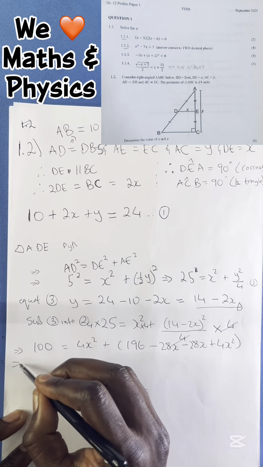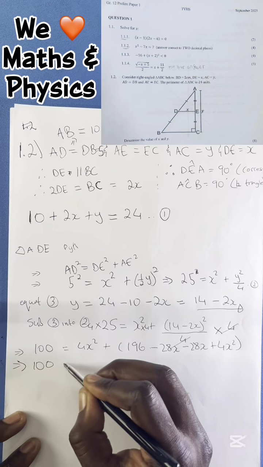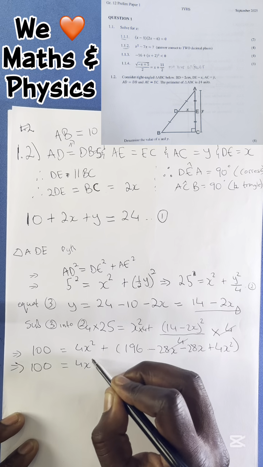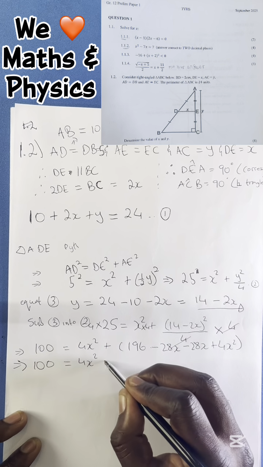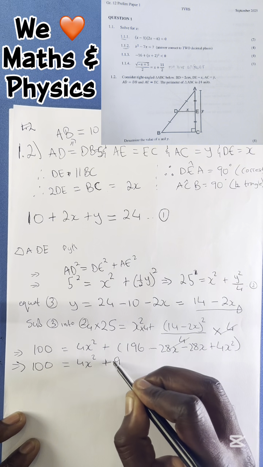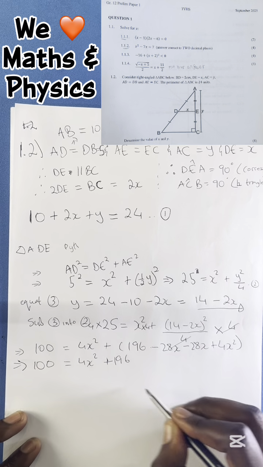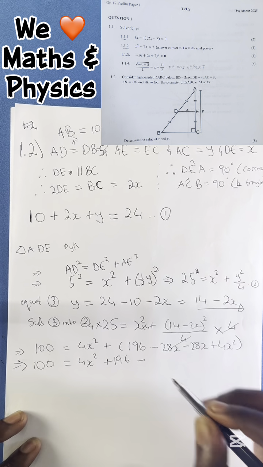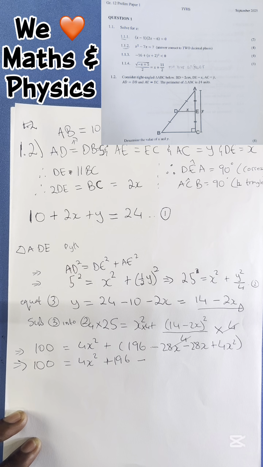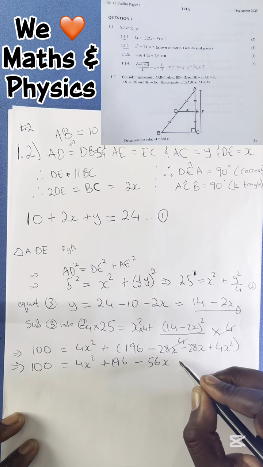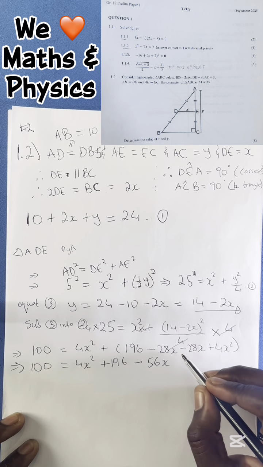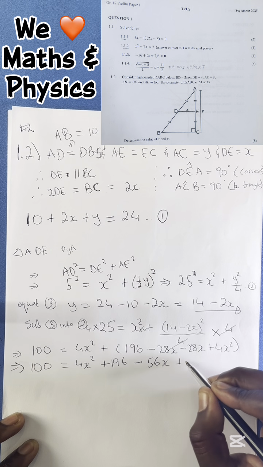Okay, then we go to the next step, simplifying. That will just give us 196, removing the bracket. That will give us minus, and then we have 28 plus 28, that gives us 56x, and then plus 4x squared.